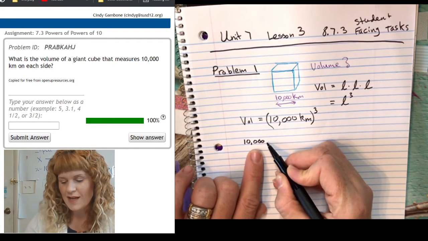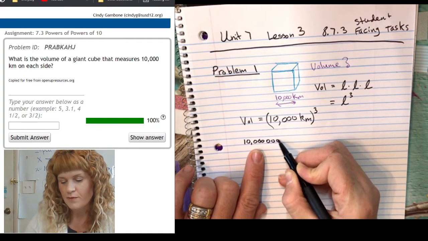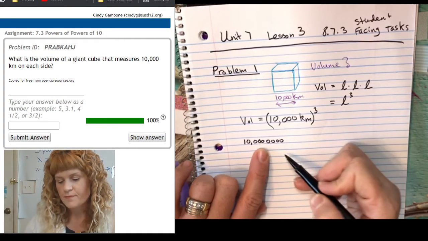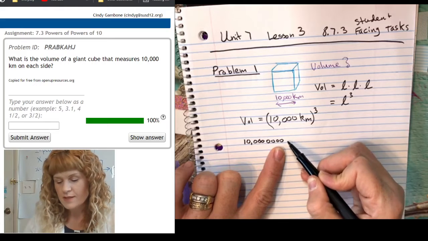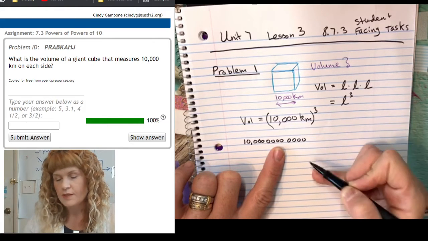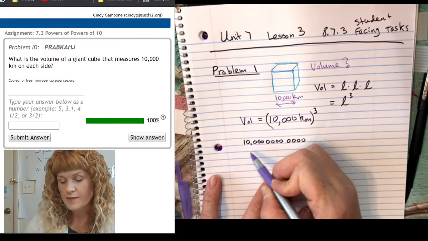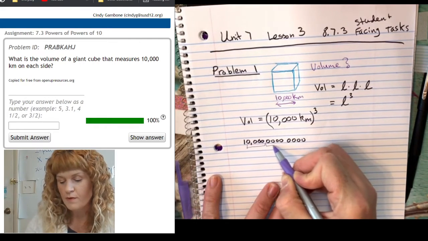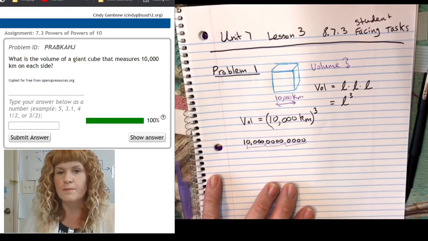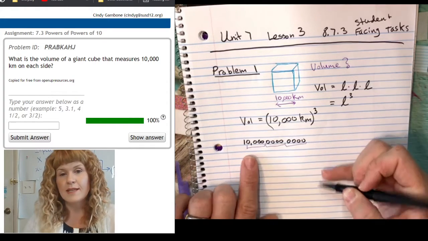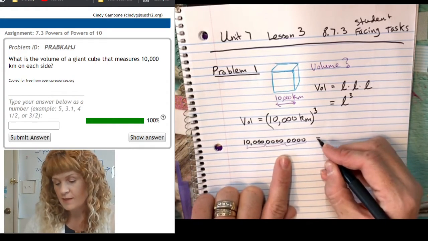So 10,000 times 10,000 is add on 4 more zeros. And then multiply by another 10,000, add on 4 more zeros. If I did this correctly, there's a total of 12 zeros. Let me see here. 1, 2, 3, 4, 1, 2, 3, 4, 1, 2, 3, 4. So that is 10,000 times 10,000 times 10,000.